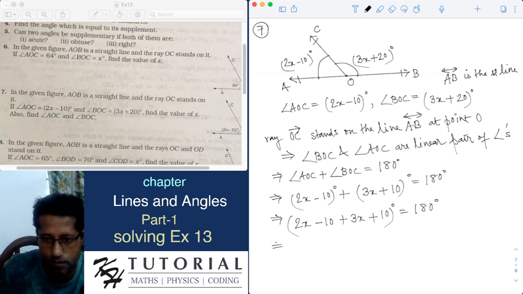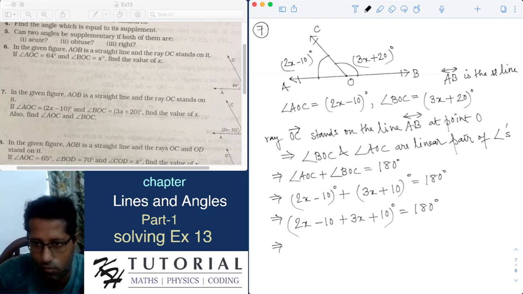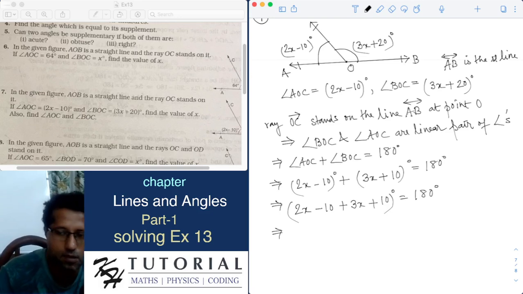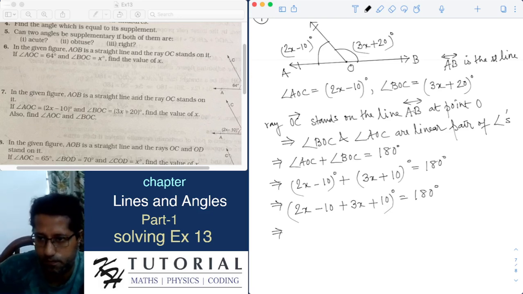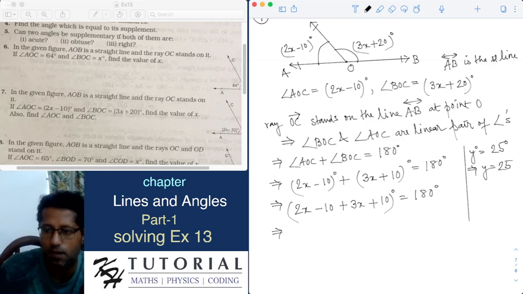Now we can equate the absolute value of the angles. Like if we have y degree equals 25 degree, this obviously means that y is 25. Y is not 25 degree, but y is 25. Similarly, we can say that 2x minus 10 plus 3x plus 10 equals 180.